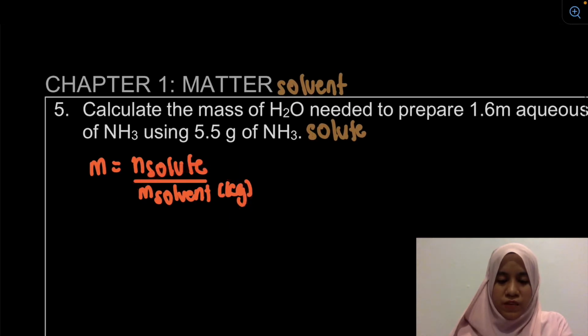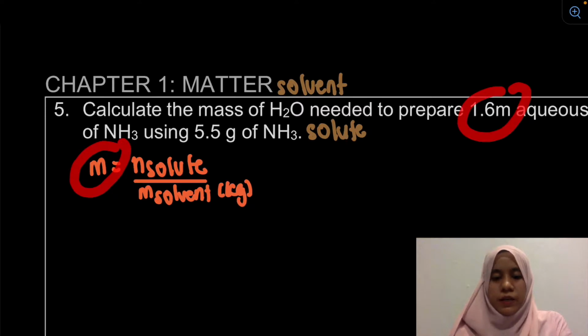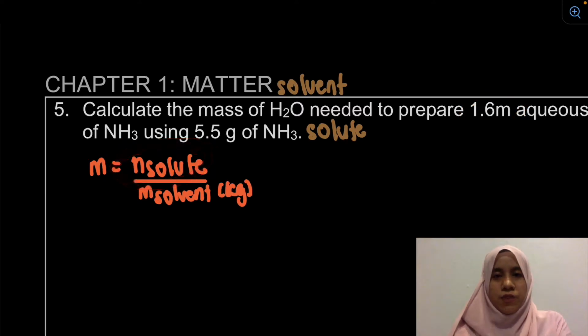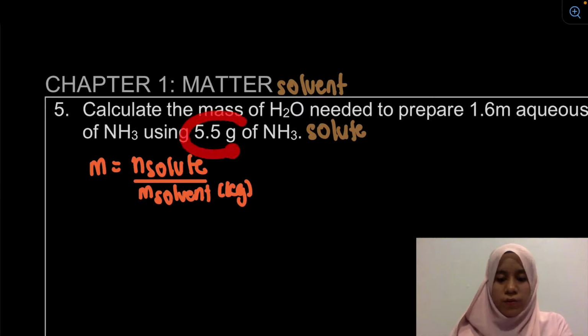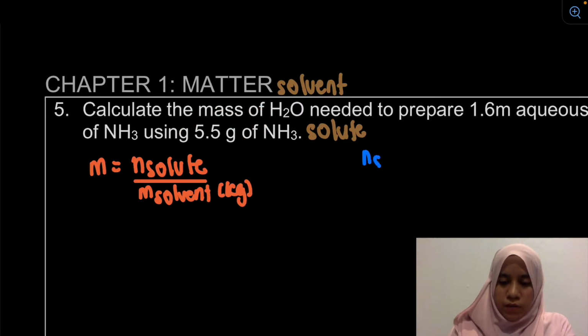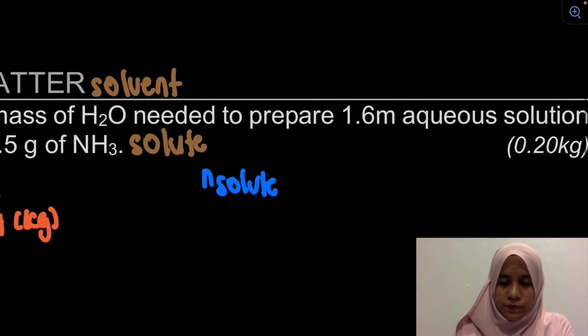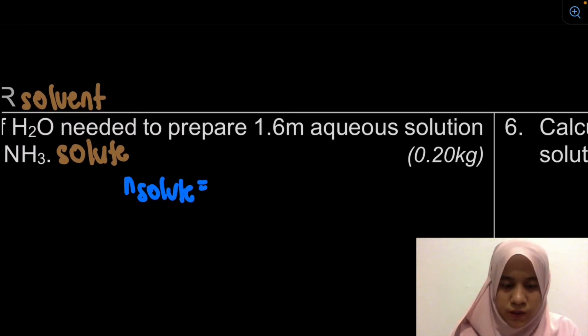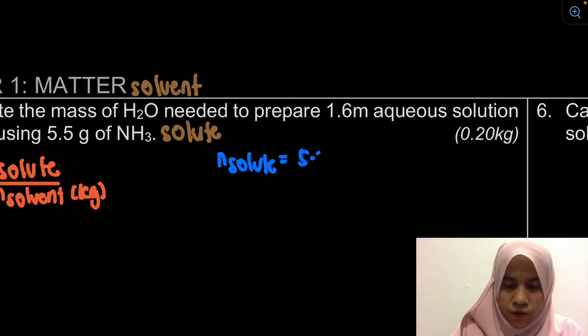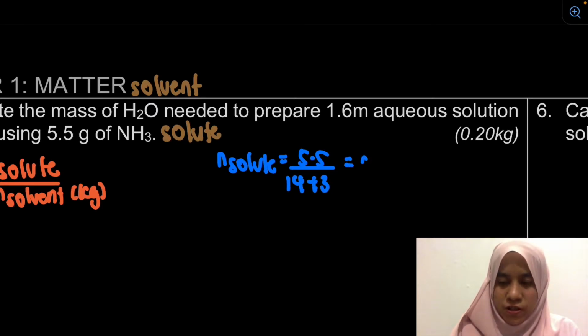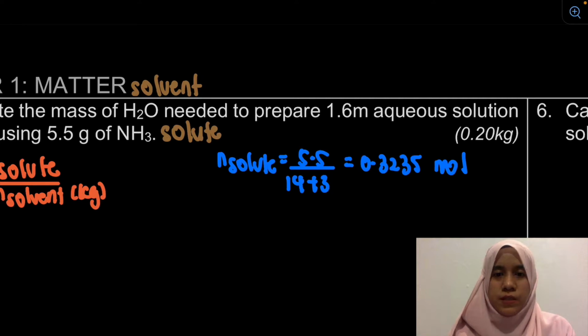From the information given, we have our molality, and the number of mole of solute is based on the mass of solute, which is given as 5.5 grams. So number of mole of solute is equal to 5.5 gram divided by the molar mass of NH3, which is 14 plus 3, giving 0.3235 mole.